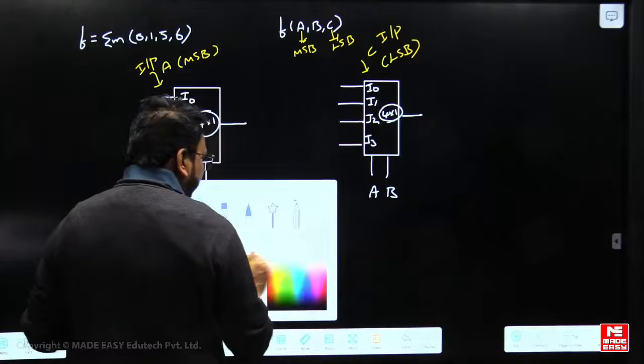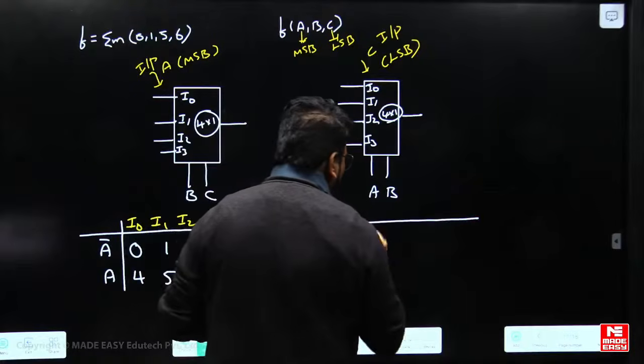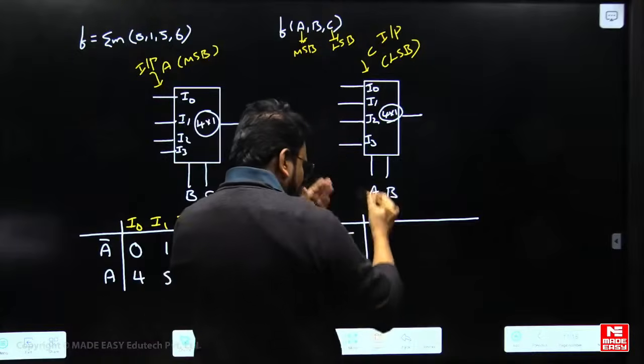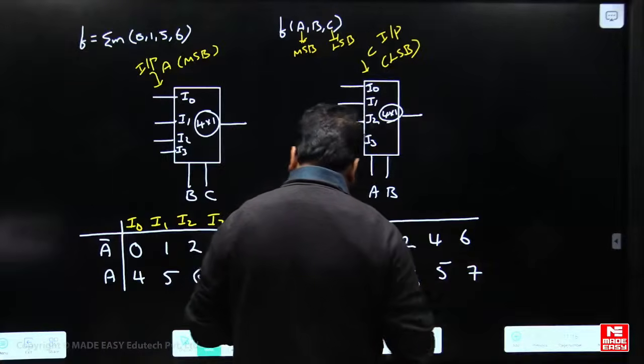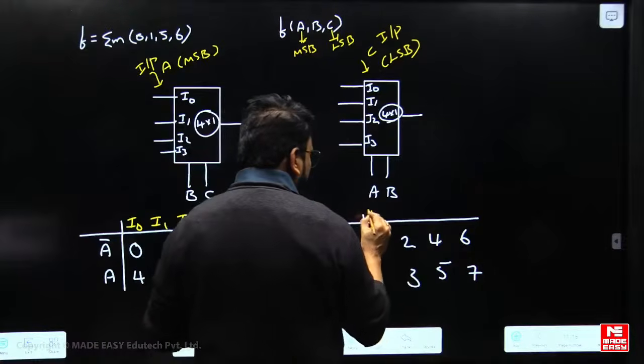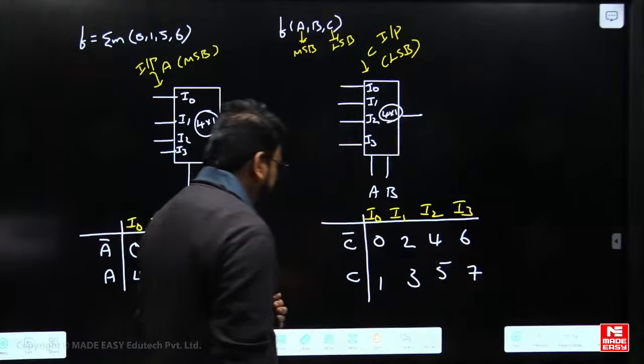If you are using the input as C, the LSB, then write the numbers vertically: 0, 1, 2, 3, 4, 5, 6, 7, again as I0, I1, I2, I3.